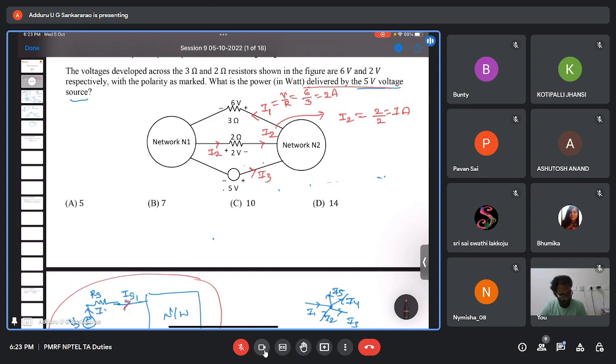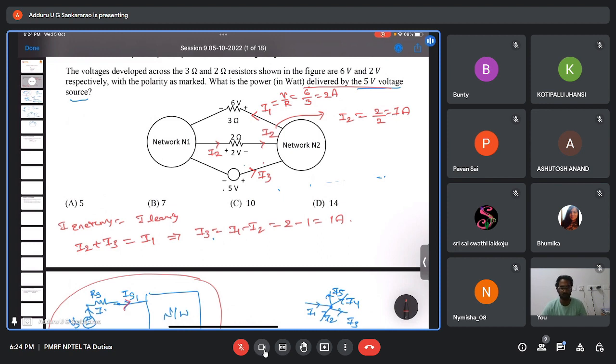So current entering is I2 plus I3. Current leaving is I1. So from here I3 is I1 minus I2. I1 is 2 and I2 is 1, so 1 ampere.